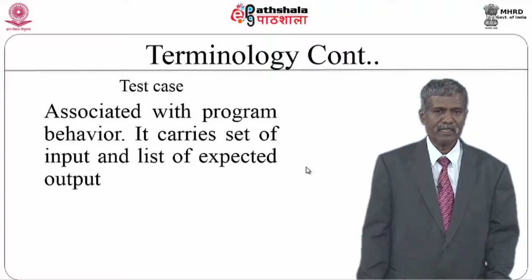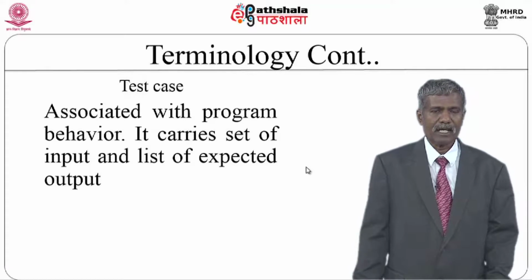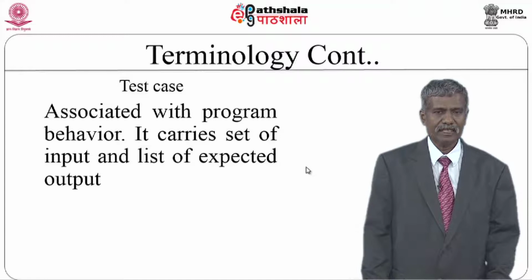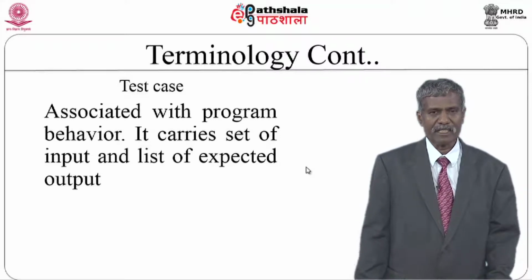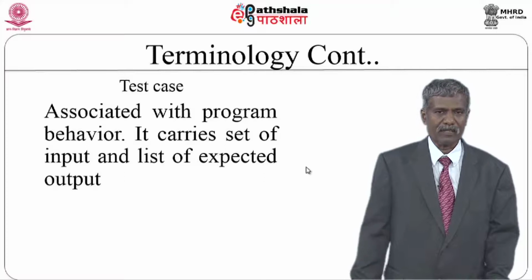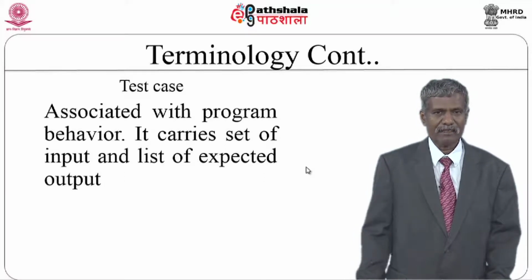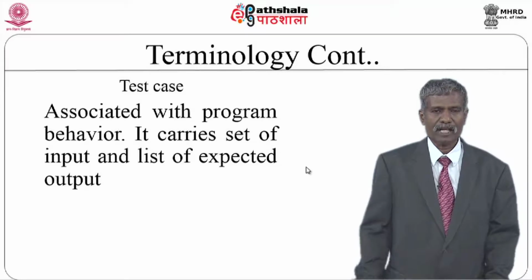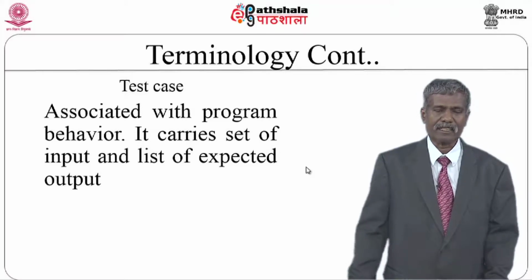If you want to test x greater than y, at least 2 test cases are necessary. You can have one test case in which x equal to y, that also may be necessary, but the minimum and the optimal number of test cases is one is x greater than y, another is x less than y. When you say x greater than y, you have to write 2 cases, one in which x greater than, another x not greater than.